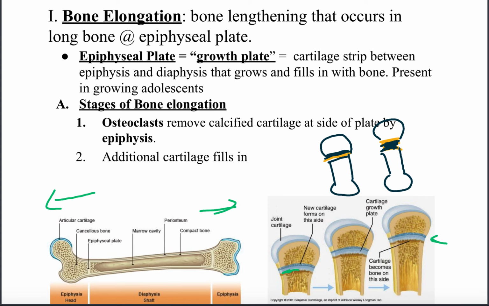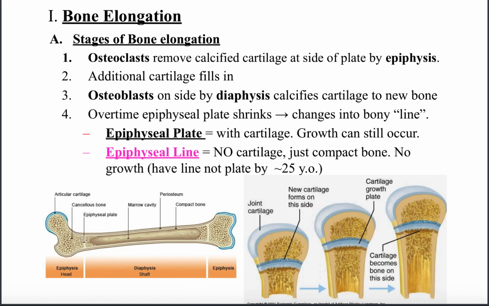You're going to actually have osteoclasts remove the edge of our bone closer to the epiphysis to make it softer so that that cartilage can expand. Okay? Then, as our cartilage fills in, you're then going to have the edge, again, as we showed before, fill in with bone on the edge of that epiphyseal plate that's closer to the diaphysis.